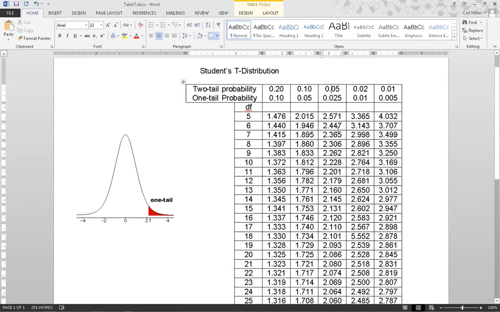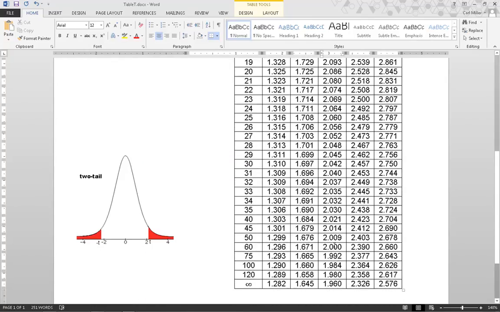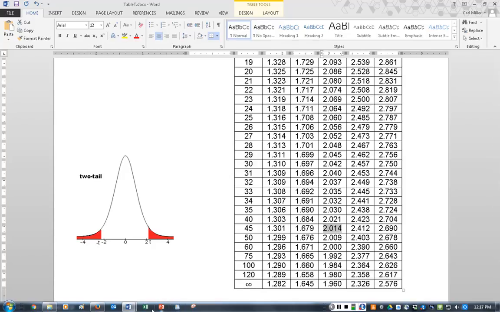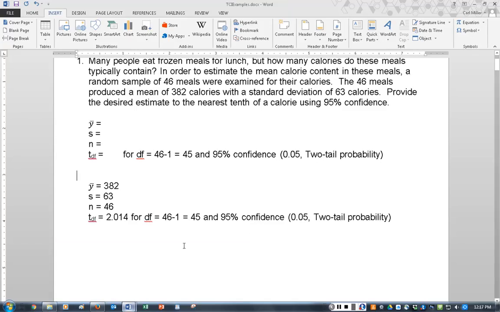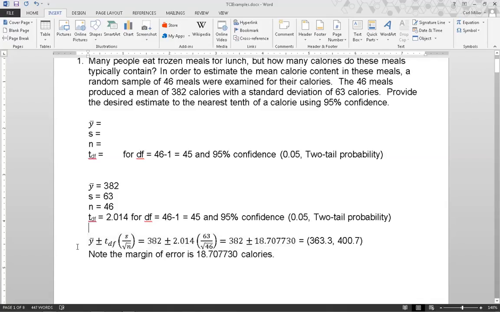Now remember, our degrees of freedom were 45. So at 45, the row for 45, we get 2.014 as the t-score. Next, we write down our formula, y bar plus or minus t sub df times s over the square root of n.